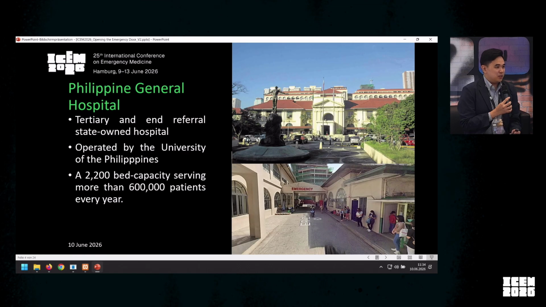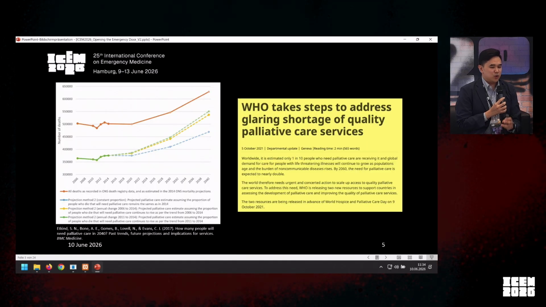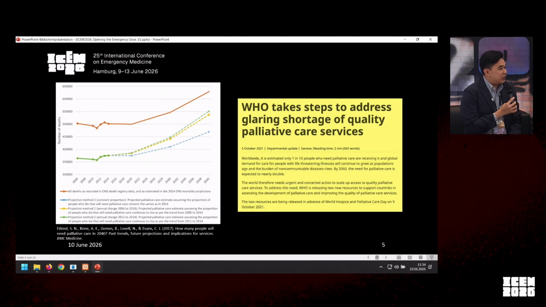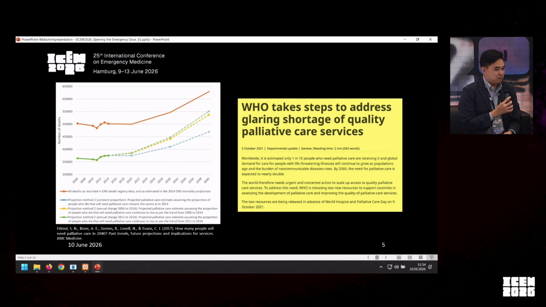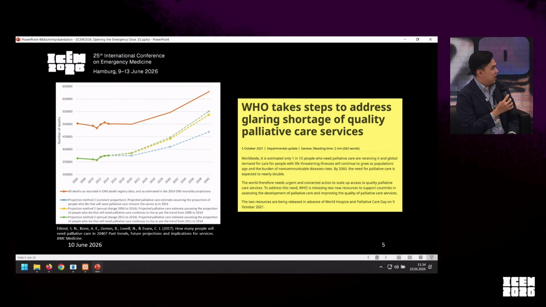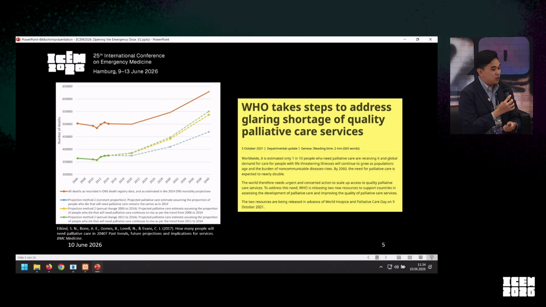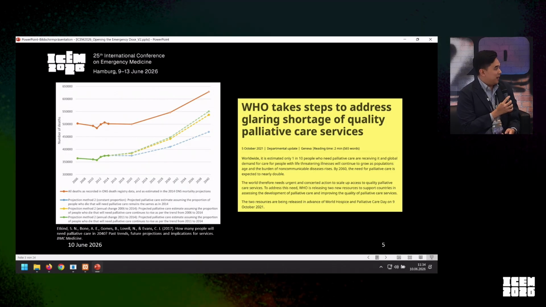This gives us a parallel to the global trend of an increased number of patients dying, caused by non-communicable diseases, or NCDs. And as early as 2021, WHO already released a statement that there's a huge shortage of palliative care services.